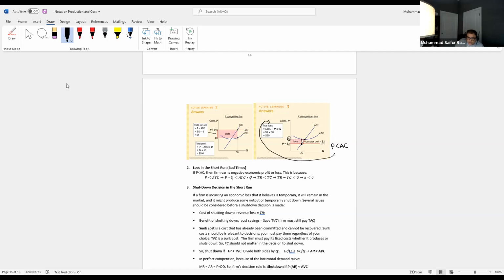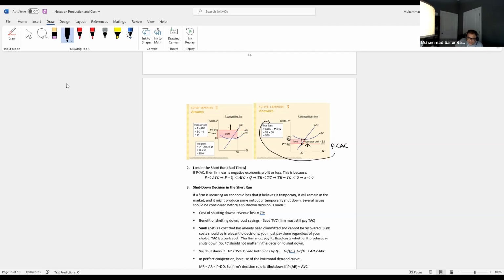Loss is going to be equal to the difference between average total cost and P, and you can see that the amount of loss is 60. Sometimes you can also think of this loss as a negative profit. So the basic idea here is that if price ends up below the average total cost, you earn a loss.